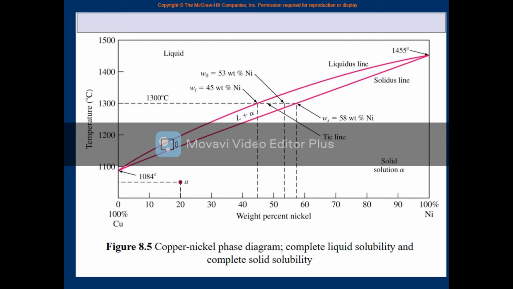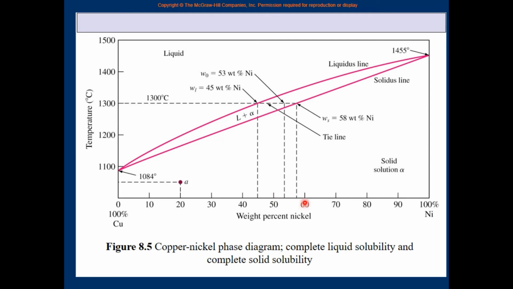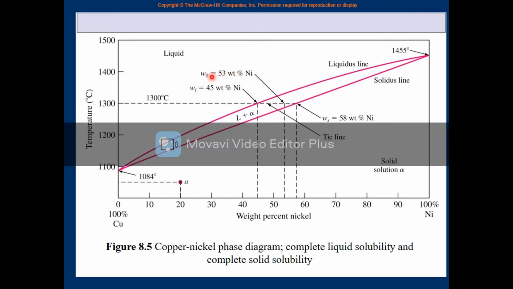Now here we are saying that, suppose this is 50, this is 60. We take a material of any composition in between. Can you read what is the material? 53 weight % nickel. So this is an example now.